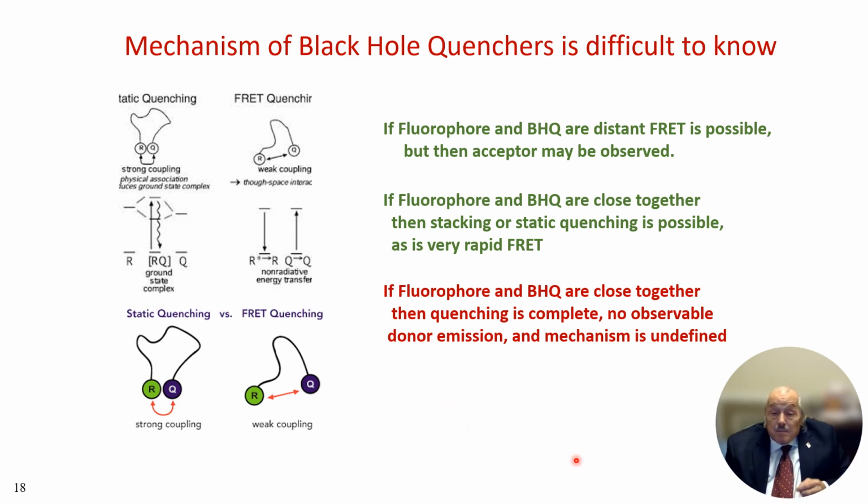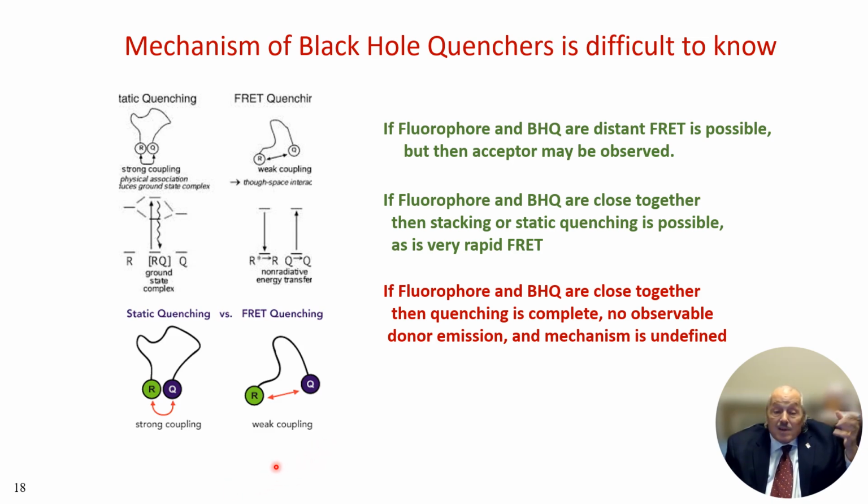The mechanism by which a black hole quencher works is not easy to know, and this is for the following reason. If the donor and the acceptor or quencher molecules are far away, you expect RET to be occurring. So there would be fluorescence resonance energy transfer.